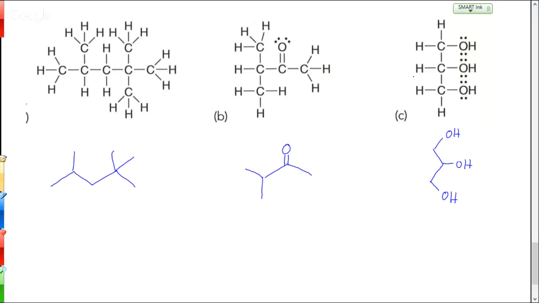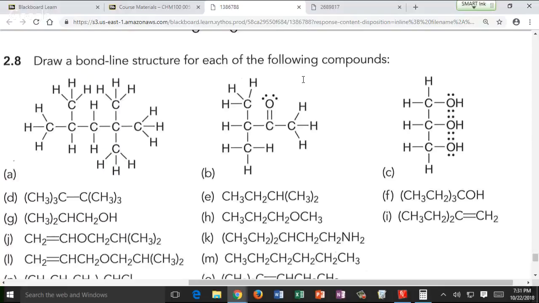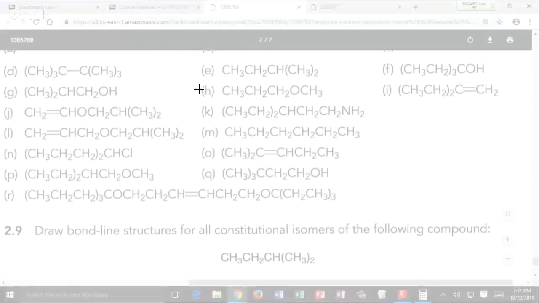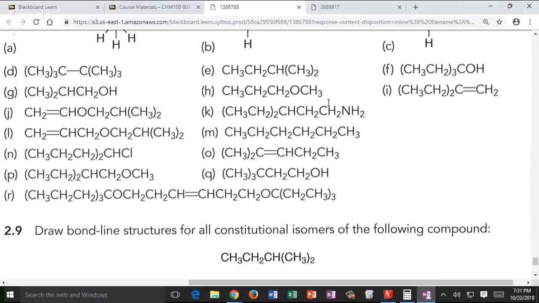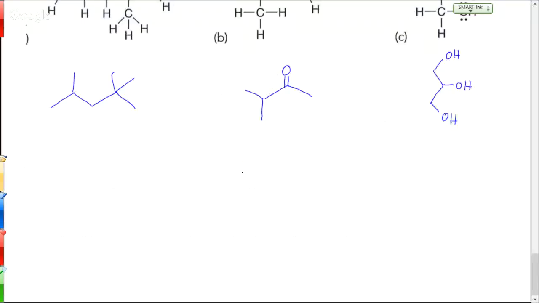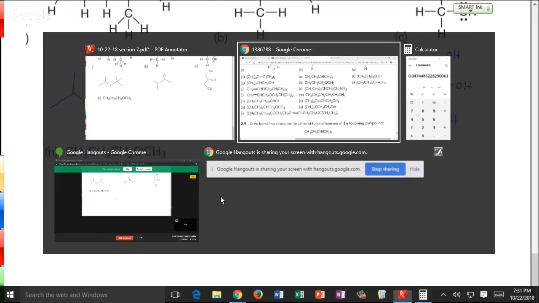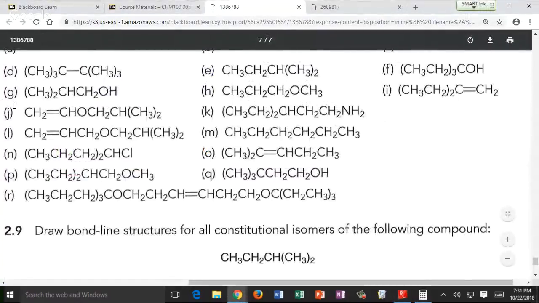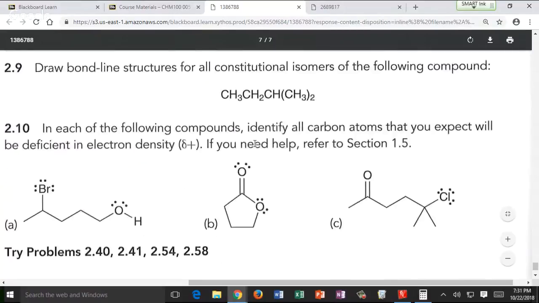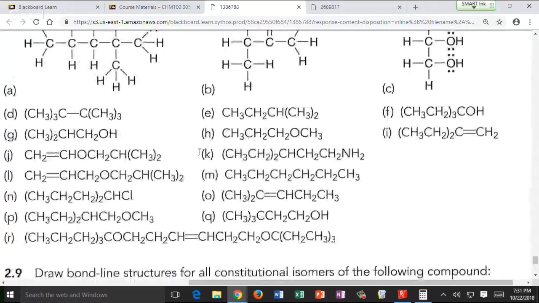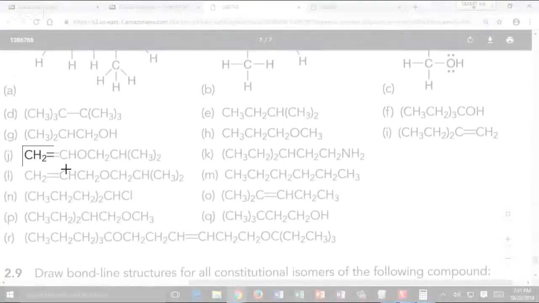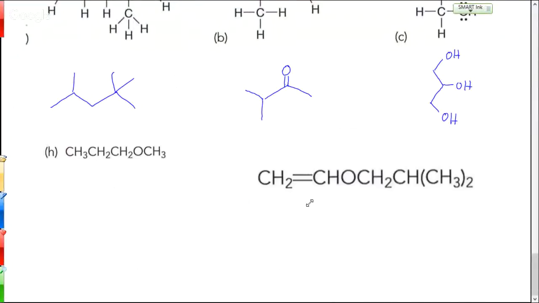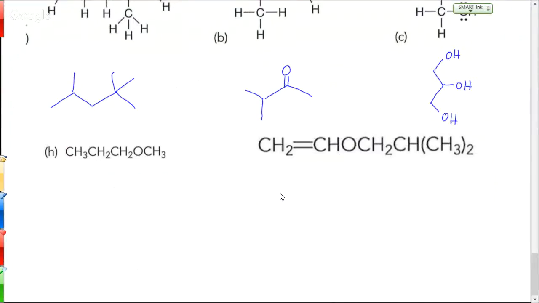Let's look at some of these condensed structures and see how we draw them from the condensed structures. Let me pick some of these out. Let's do this one. And maybe this one. Try those two.